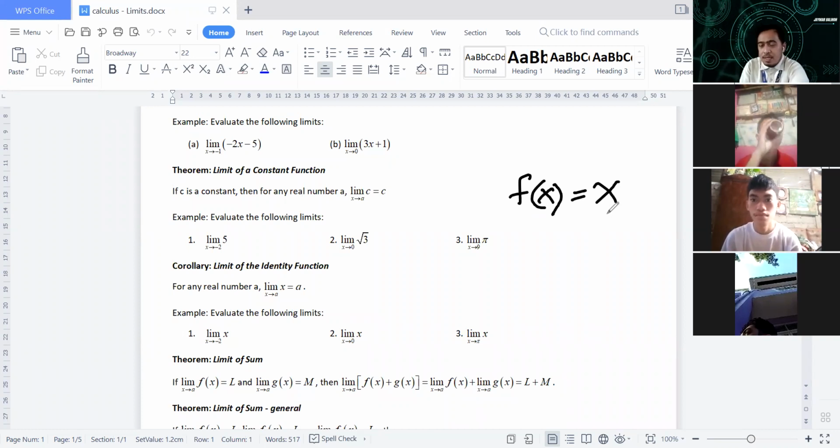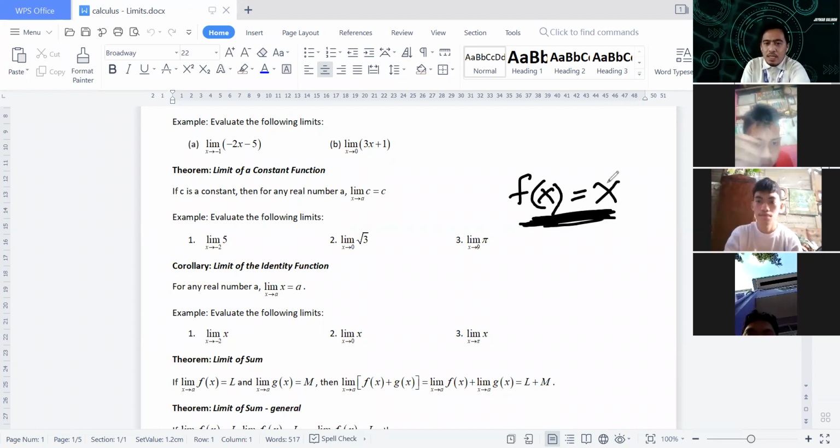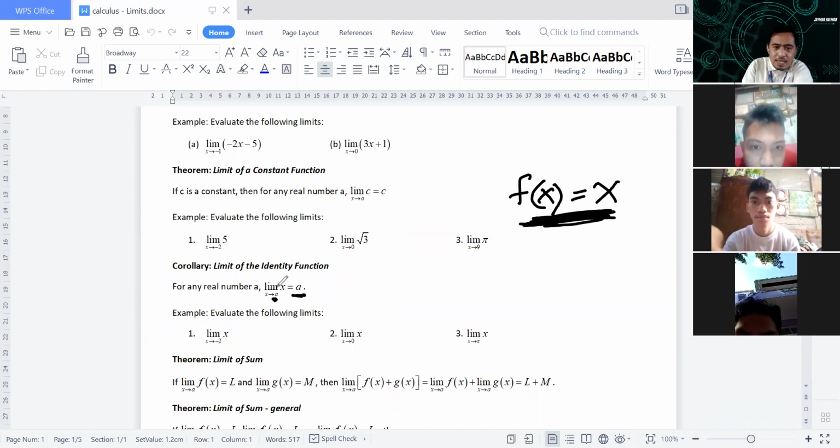If your input is 3, your output is also 3. If your input is -10, your output is -10. So in that case, your limit will be your fixed point. So your answer is A, if that is an identity function.